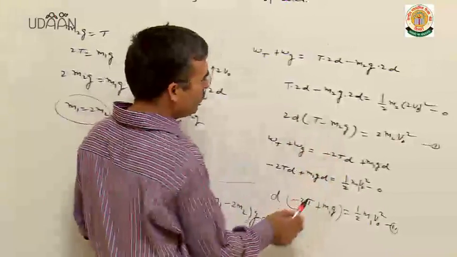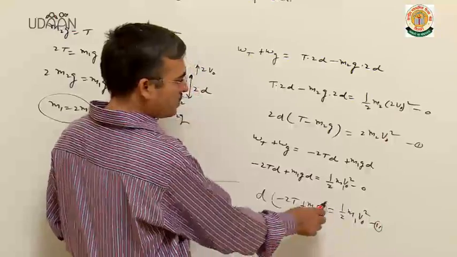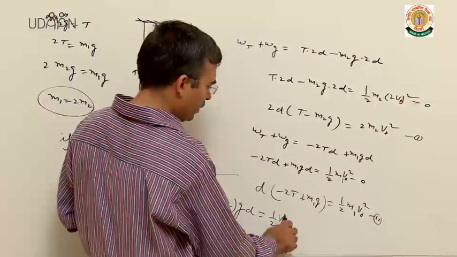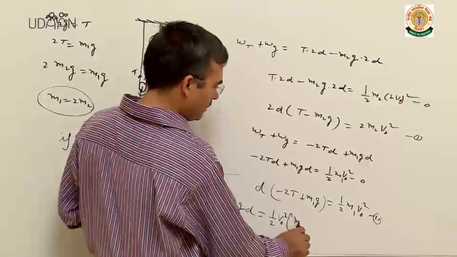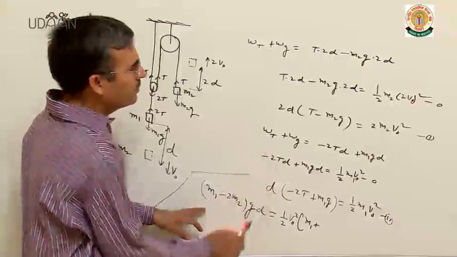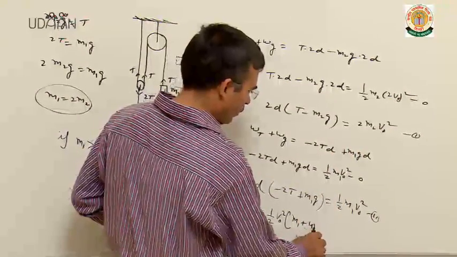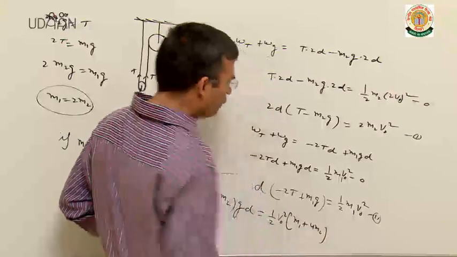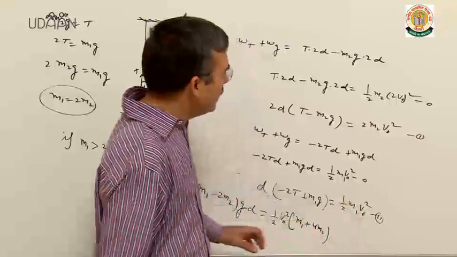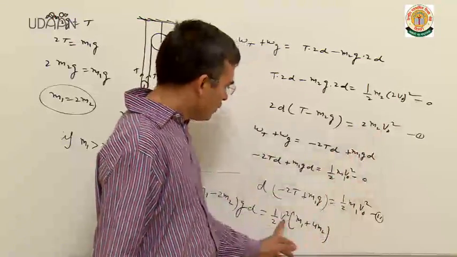Clear? D into g is common, so that will be equal to half v0 square is common, that is (m1 plus 4m2), because half is common, half m1 v0 square, so 4 m2 v0 square.